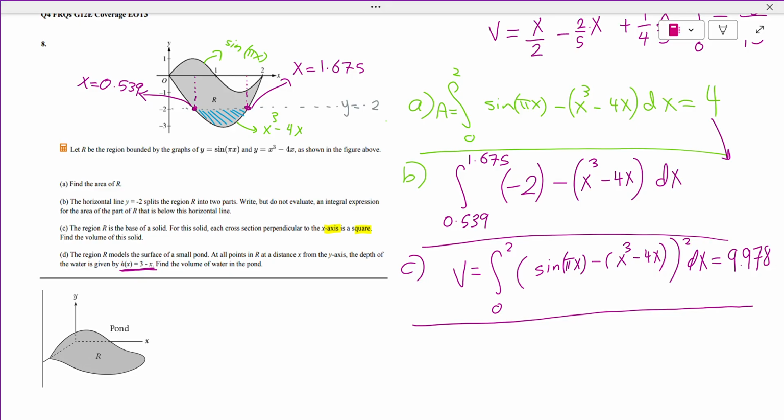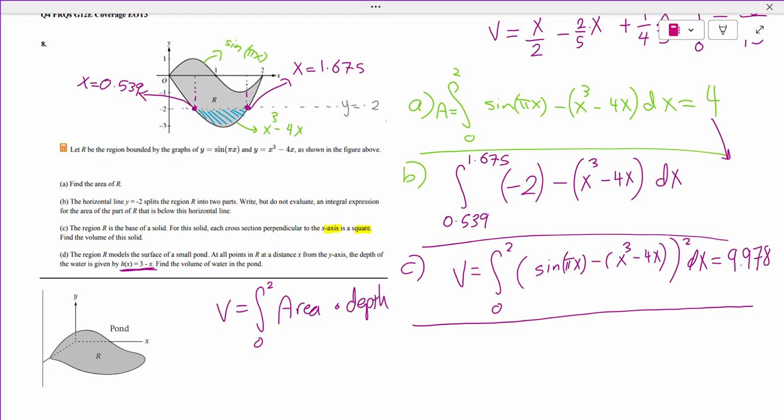We know that the volume is given by the integral from 0 to 2 of the area times the depth.